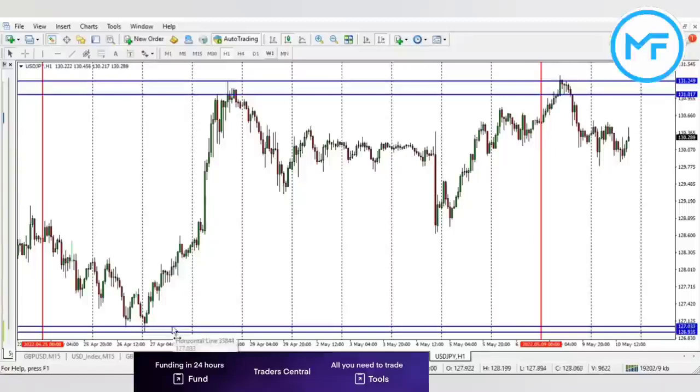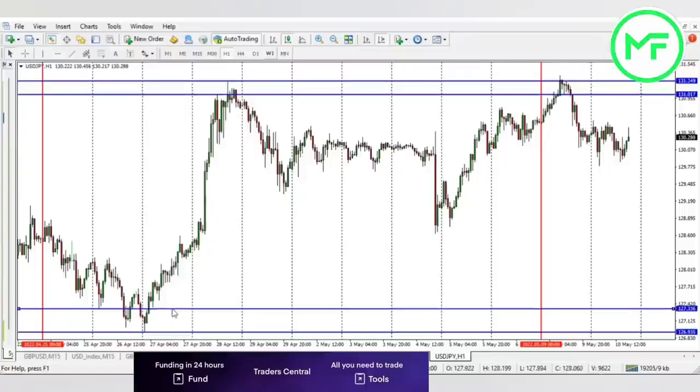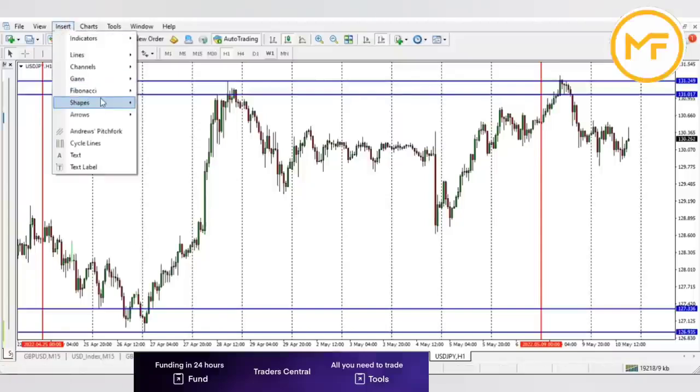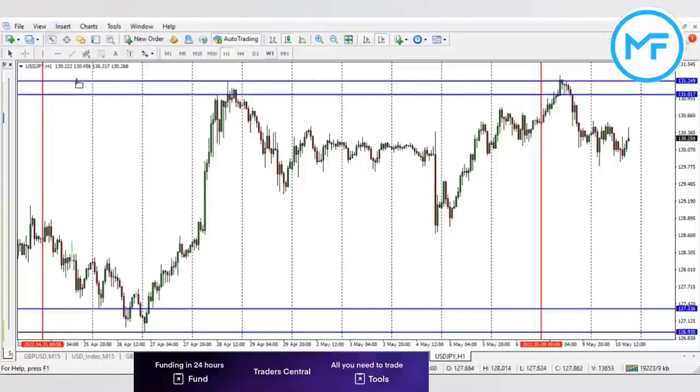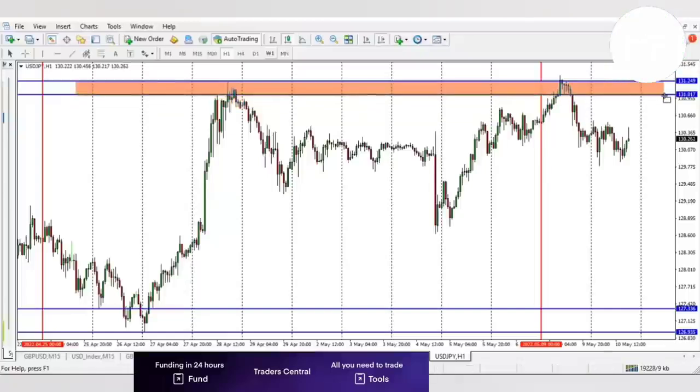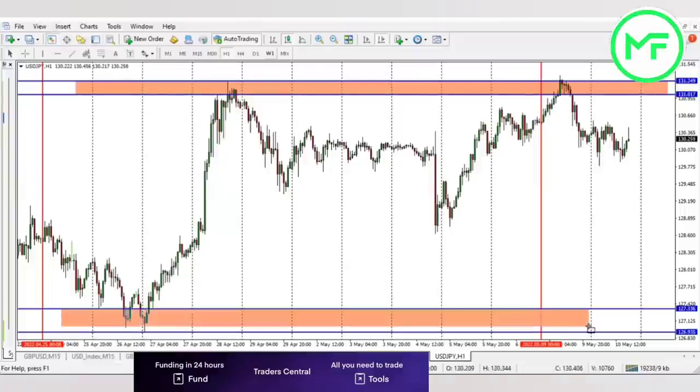You can use this one, you can use this one, they can be good, all of these. So when you do this, you now have your supply and demand zone, right? This is your supply zone up there. This is your demand zone.